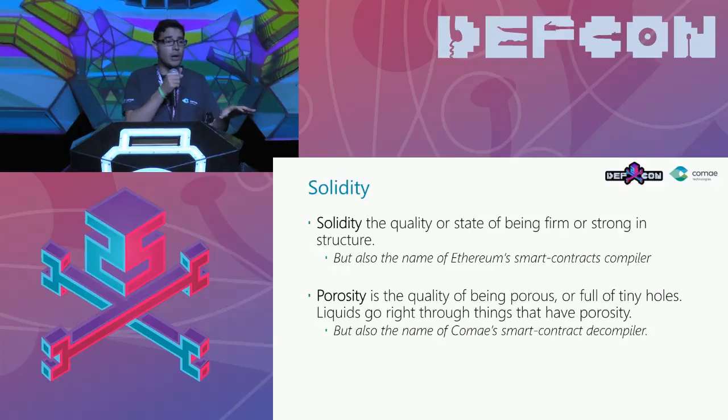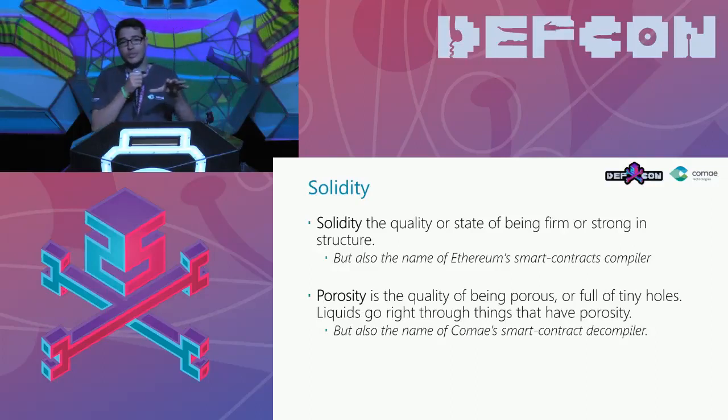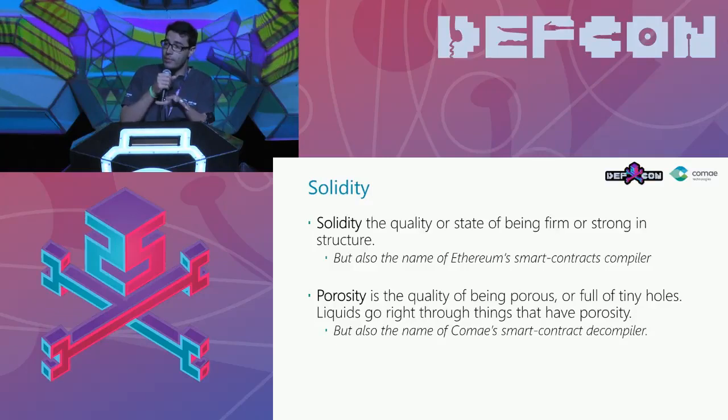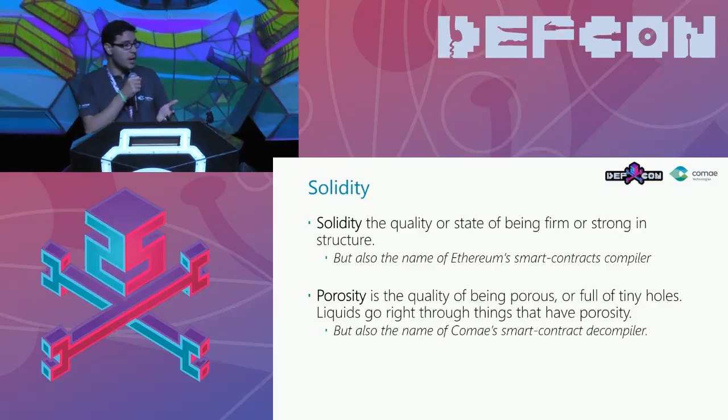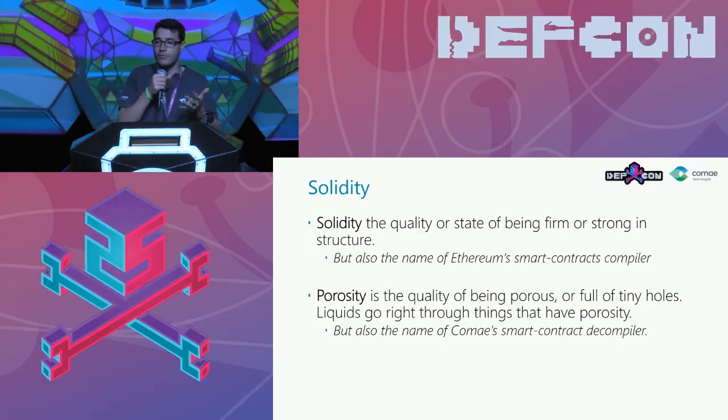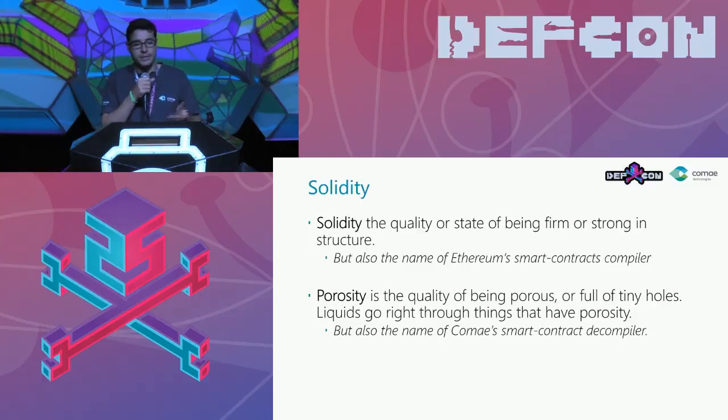They use a compiler called Solidity, which translates code written in a JavaScript-like format into bytecode. And Porosity is the tool I'm going to be describing today and releasing. If you're familiar with chemistry and physics, it's the exact opposite of solidity, hence the name.